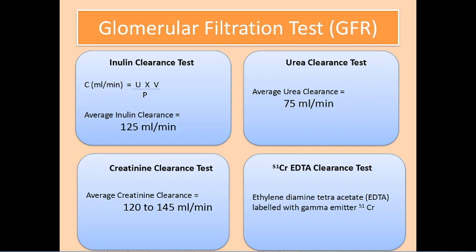In inulin clearance, inulin is a polymer of fructose and it is not metabolized in the body. It is completely and freely filtered at the glomerulus. It is not secreted or reabsorbed by the tubules. So the clearance of inulin is used to estimate the glomerular filtration rate.